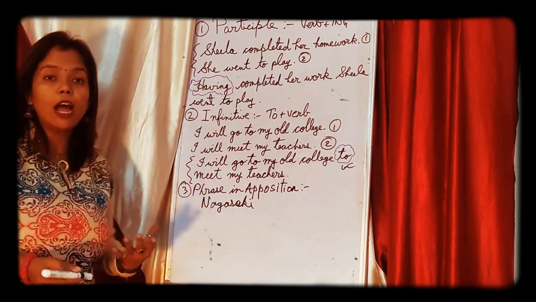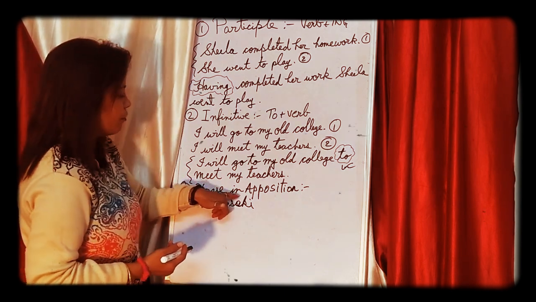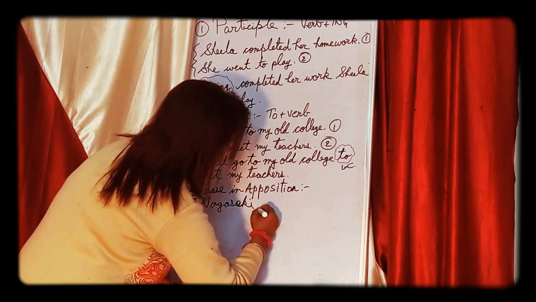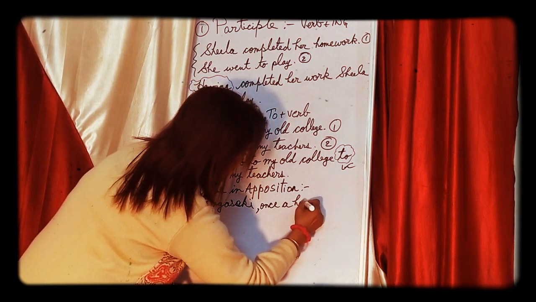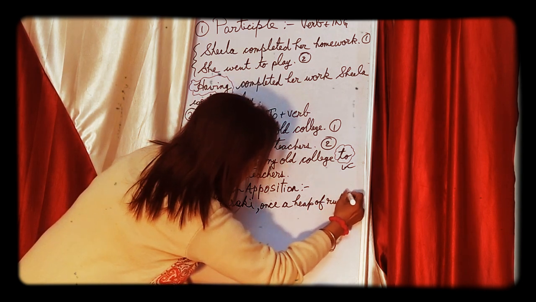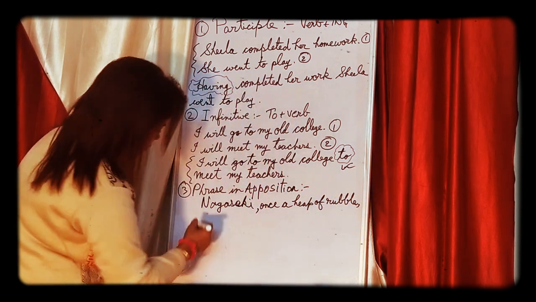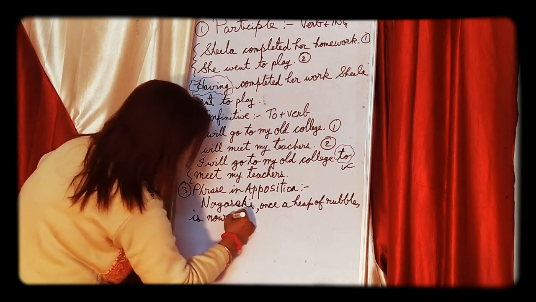So now how do we put these two sentences together using a phrase in apposition? I would say, Nagasaki, comma, once a heap of rubble, then I will again put a comma, is now a bustling city.